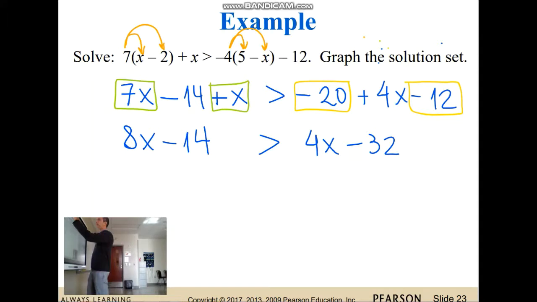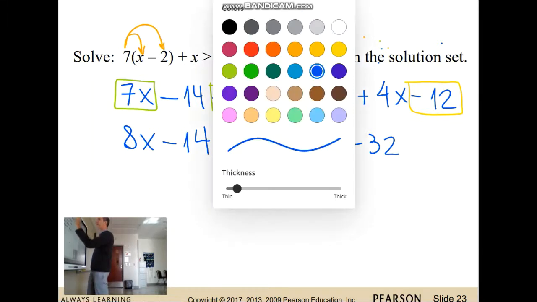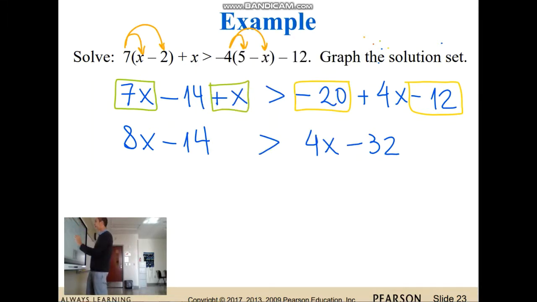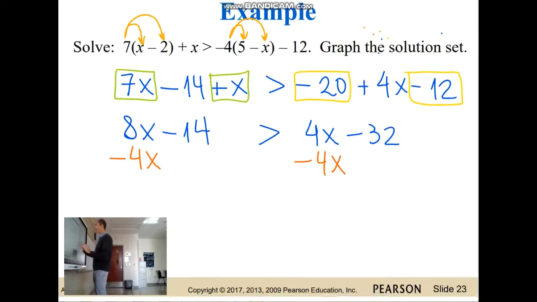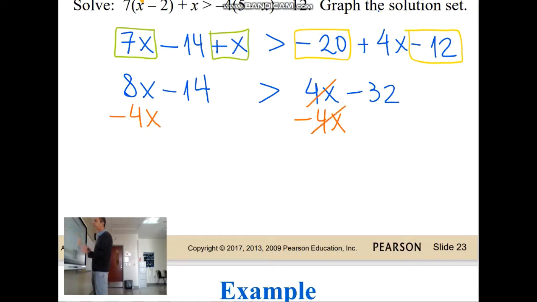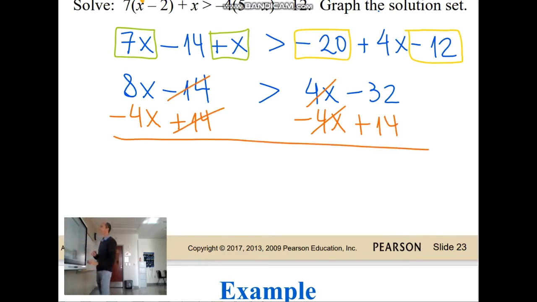We will apply the addition property of equality, and let's add negative 4x on both sides, and let's add 14 on both sides, because we will simplify this one here.